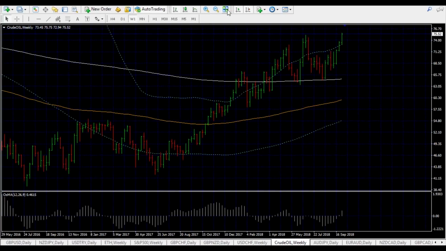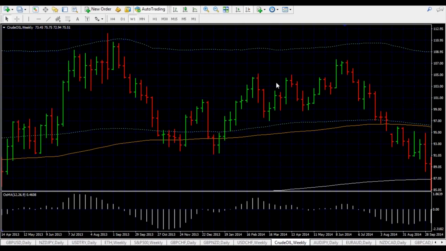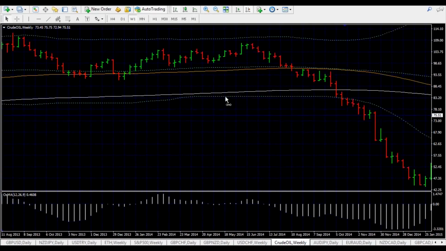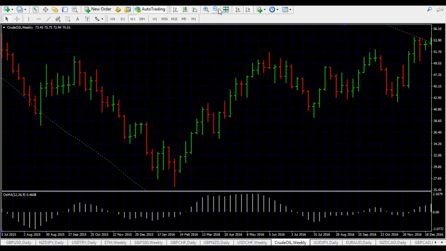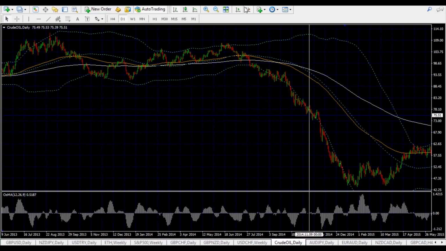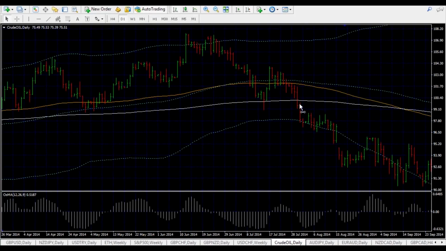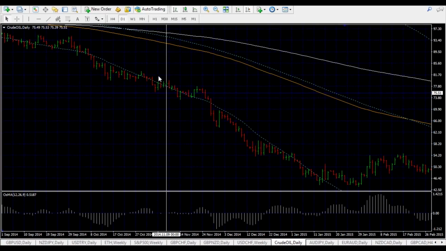Let me zoom in so that you can see this. And if I plot this more clearly, let me just draw this line over here. We should be able to see this clearly in the lower time frame. There we go. Slightly more, right?